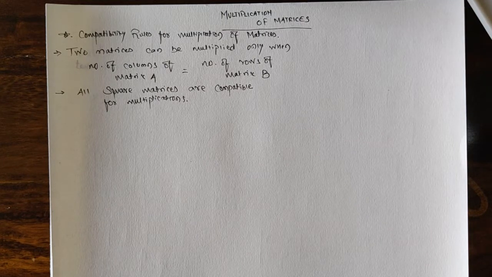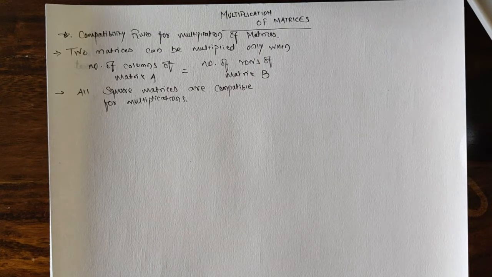But if the matrices are not square or do not have the same order, then you must check the rule of compatibility, which says the number of columns of matrix A must be equal to the number of rows of matrix B. So this is the compatibility rule which you must check.